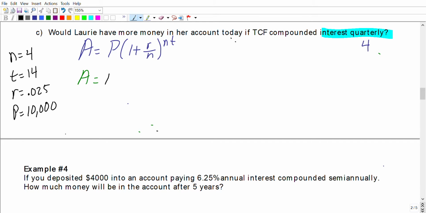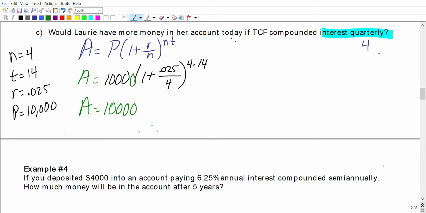Okay, so this is 10,000 times 1 plus 0.025 over 4, and then 4 times t, which is 14. All right, let's rewrite this again so we know what to type into the calculator.